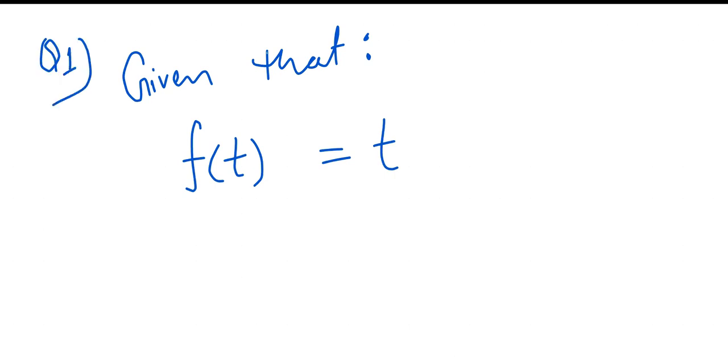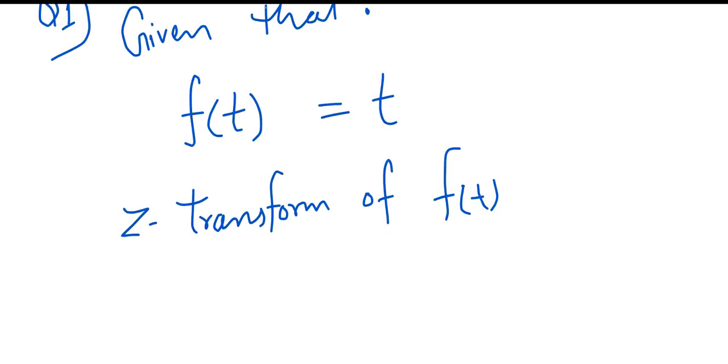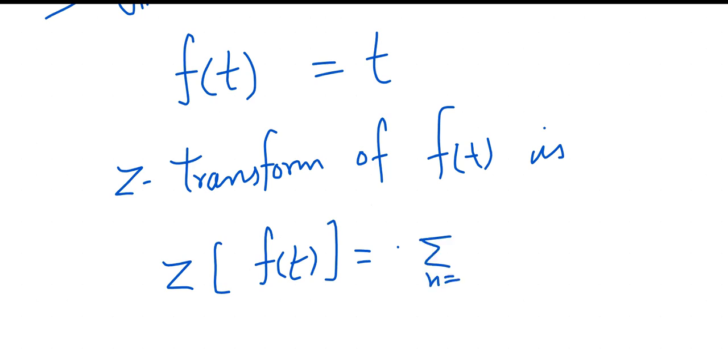Z transform of f(t), Z{f(t)}, is equal to the summation from n equals 0 to infinity of f(nT) into Z to the power minus n.